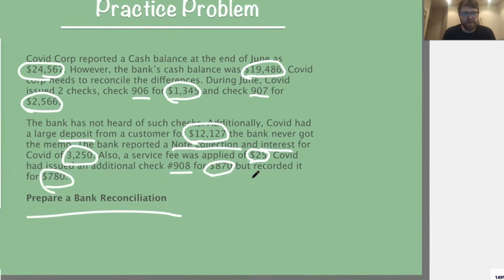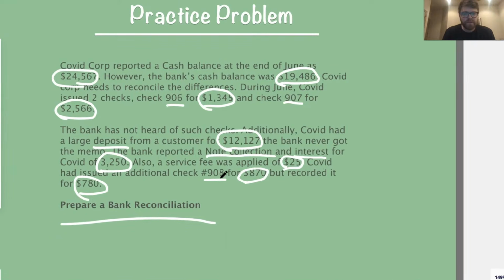Well, there was that error. Remember at the bottom here? There was an additional check for $870, but recorded it for $780. So what happened here was that COVID just recorded it wrong. It should have been for $870, a total cash outlay of $870, but they recorded it for $780. They mixed up the two numbers there. So they didn't record it for enough. It's not enough cash going down, right?